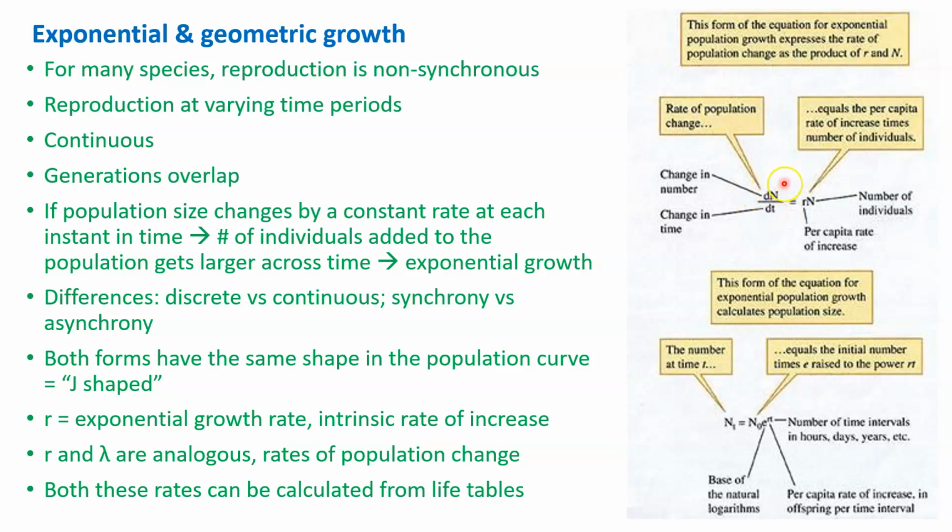It is not dn times dt; it's a differentiation function for the population size changes at a very small time frame. That equals what? This ratio is the rate of population growth: changes in the number of individuals in a very small time frame, also known as the rate of population change, equals the per capita rate of increase, the population growth rate, multiplied by the original number of individuals.